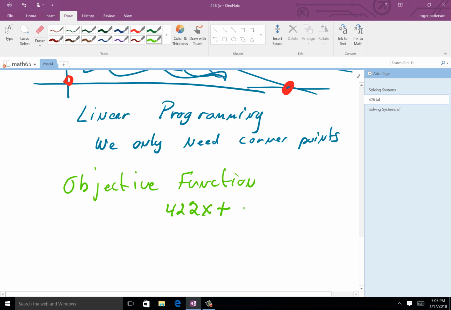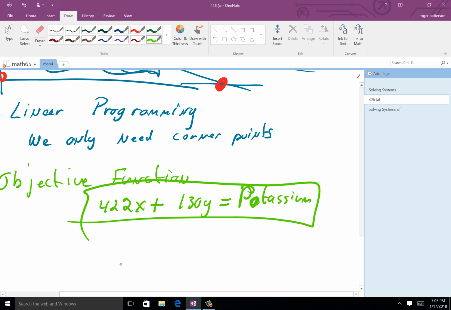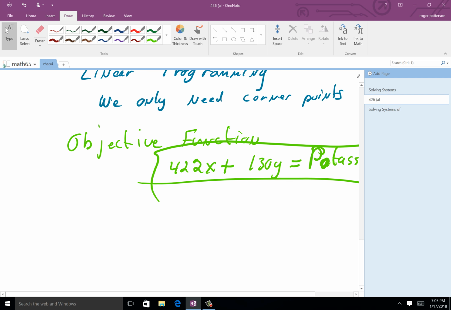How much? 130. Sweet. Okay, so there we go. 130y equals potassium. That's what I'm trying to get. So that's my objective to this whole shooting match.